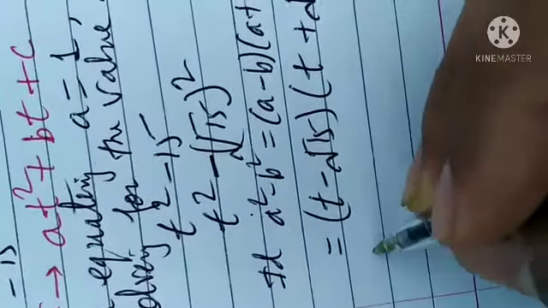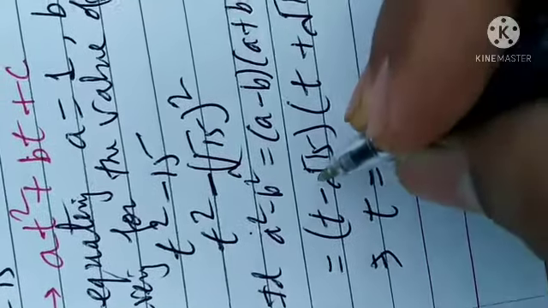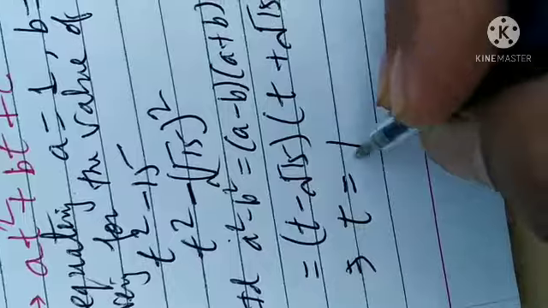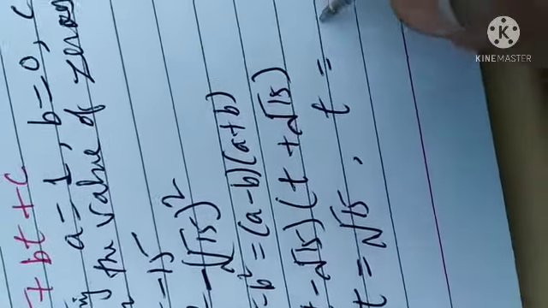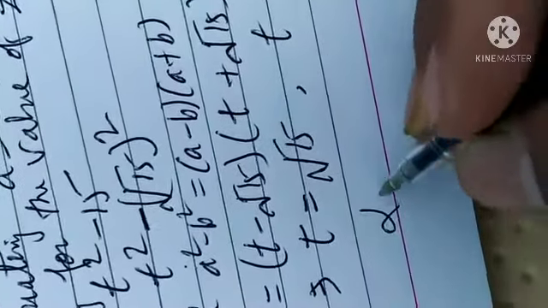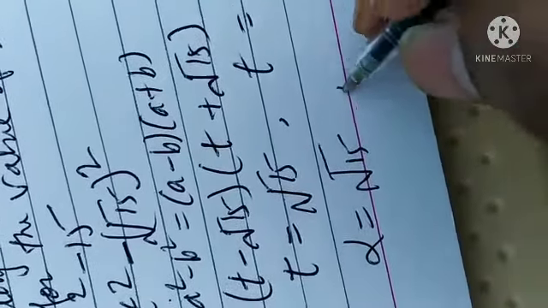Now here, then what is the value of t? T here, you know that minus 15 becomes plus under root 15 on that side. And second value of t will be minus under root 15. It means alpha is equal to first zero of this, under root 15, and beta value, second zero of this, minus under root 15.